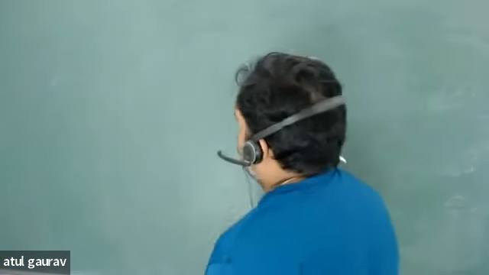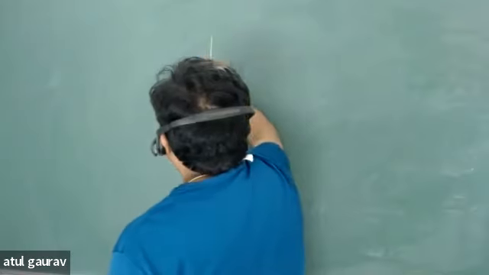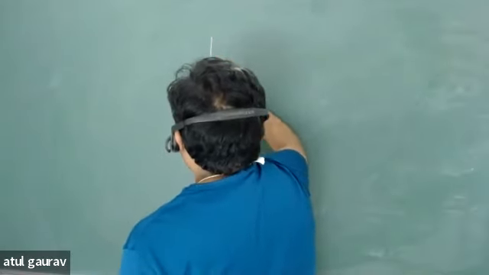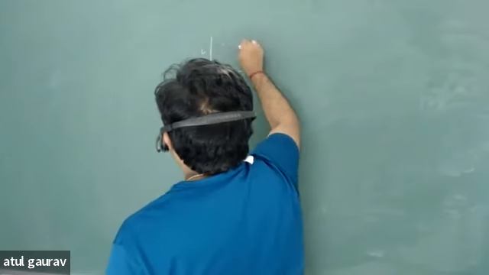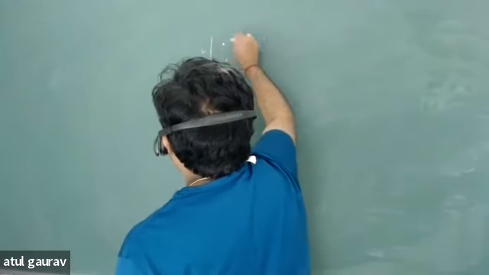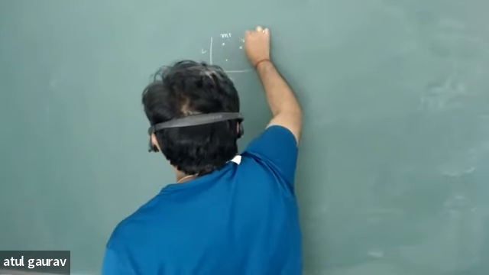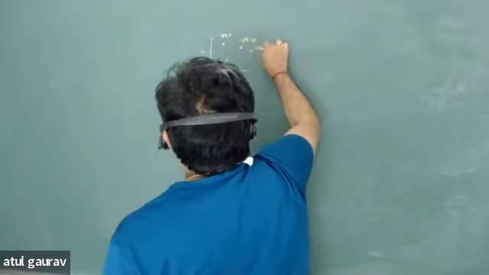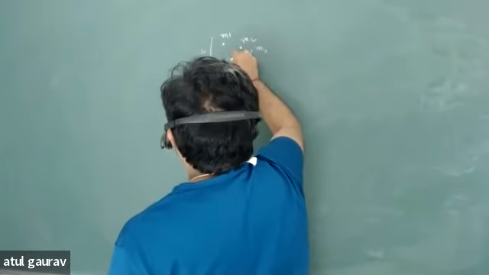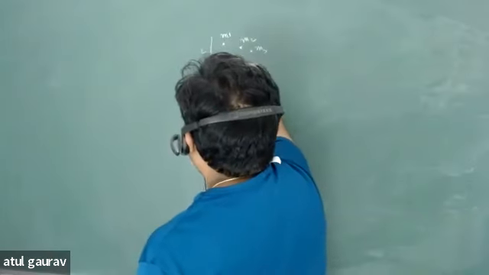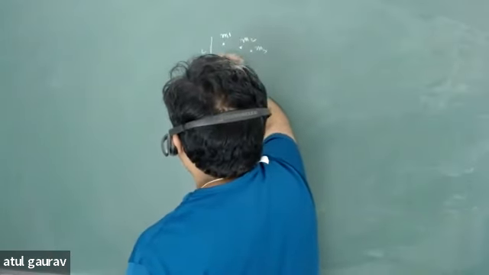So what is center of mass? Suppose you have this coordinate system, x, y, z, and a lot of masses are there. Let's say you have mass m1, mass m2, mass m3, and mass mj, and every mass is connected from the origin by rj.